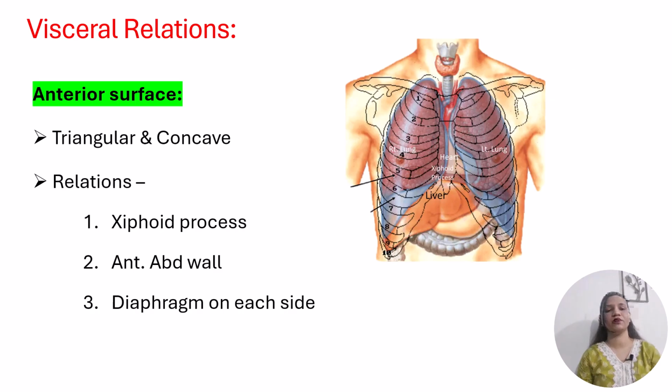Moving on, now we'll see the visceral relations of the liver. First we'll discuss the visceral relations of the anterior surface of the liver. The anterior surface is actually a triangular and concave area, as you know that anteriorly the liver appears triangular and concave.